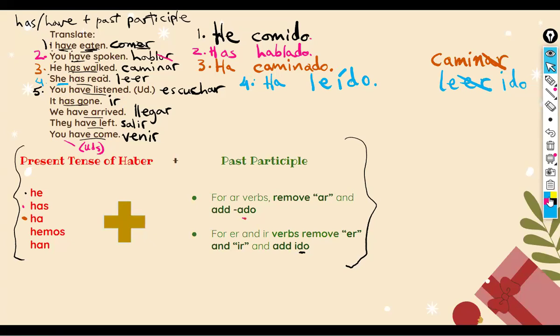Okay, let's do 5 one time. To listen is escuchar. You have listened. This is the usted form of you. So usted, "ha", escuchar over here. So we can do like a working column for maths. We take off the AR and we add again ADO, right? So "ha escuchado".